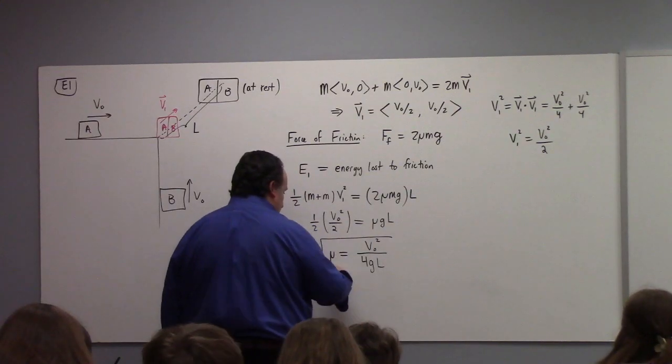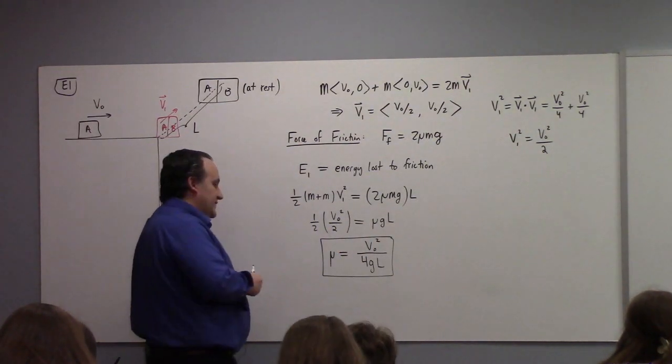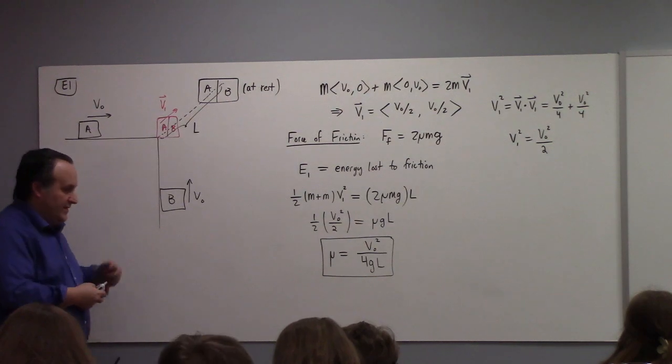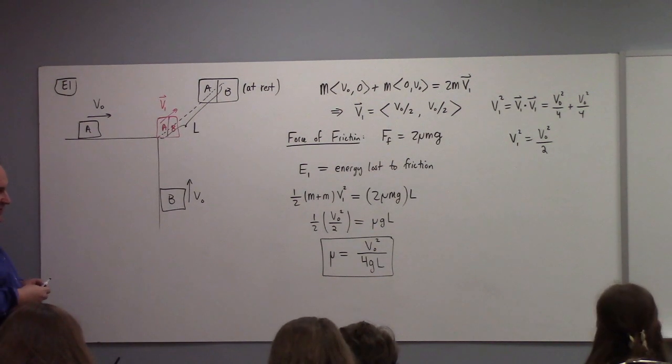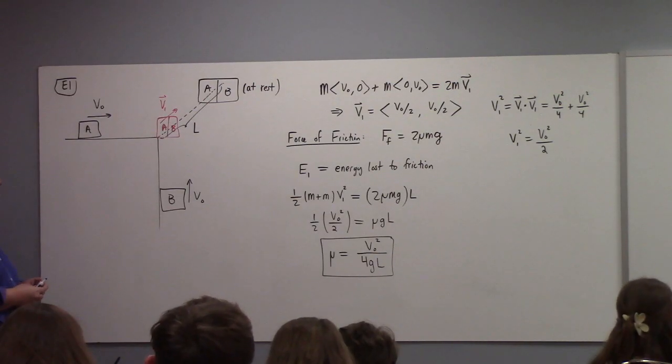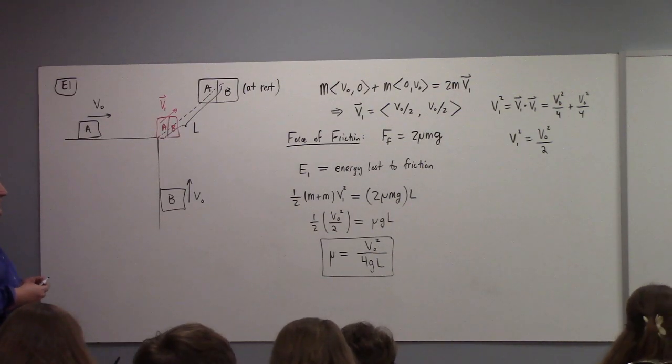So there you go. That's the unknown here, the coefficient of friction. If the combined car system slides the distance L, then we can infer that the coefficient of friction between the collided cars and the road is given by that.